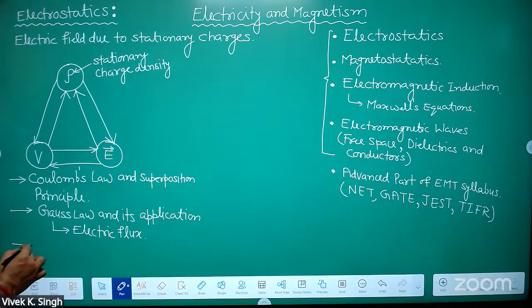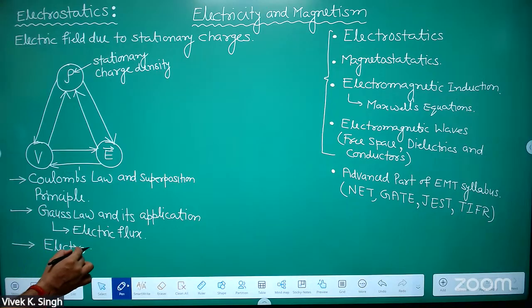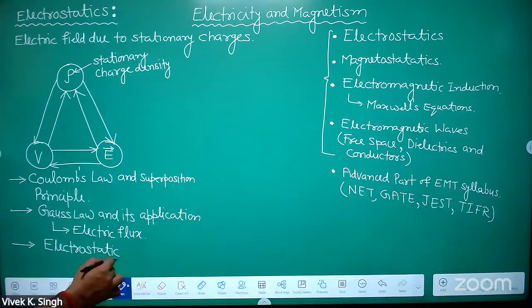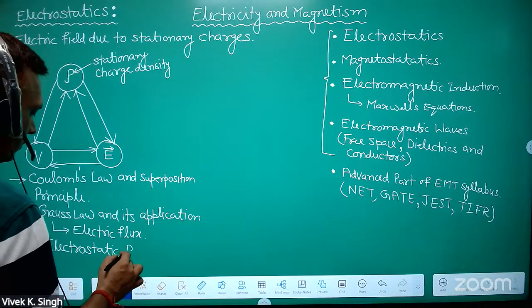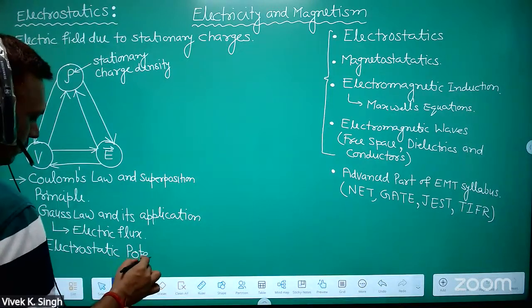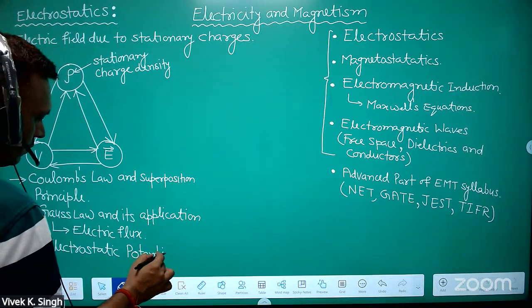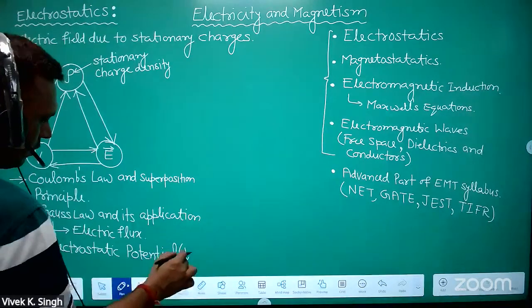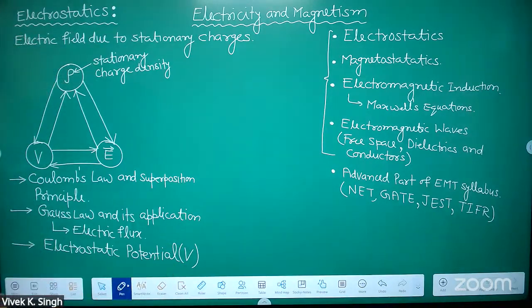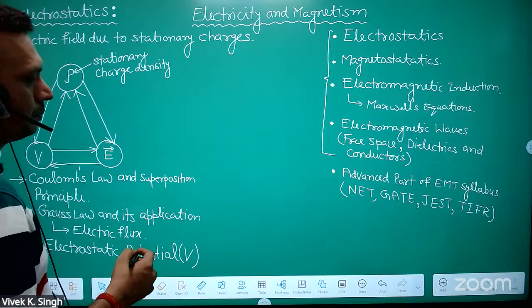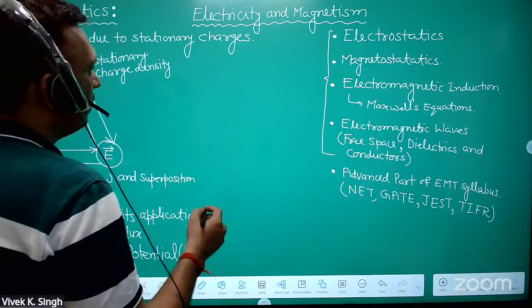Then we will talk about electrostatic potential. How to find electrostatic potential.